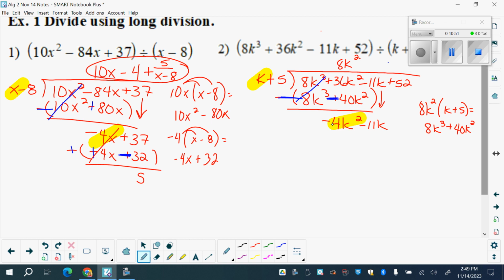Negative 4k squared. So it's already k squared, and we've got a k. So is it k squared that we want to multiply it by? Just k. So negative 4k. So on the side, we're going to take a negative 4k times k plus 5. And we get negative 4k squared minus 20k.